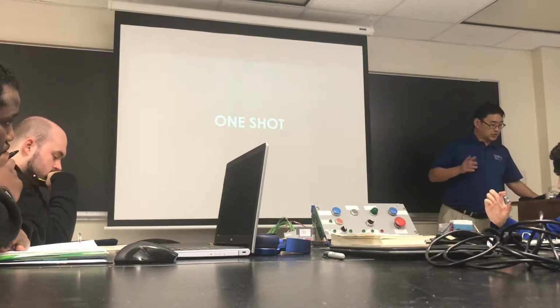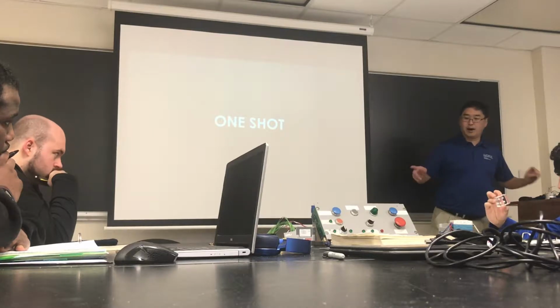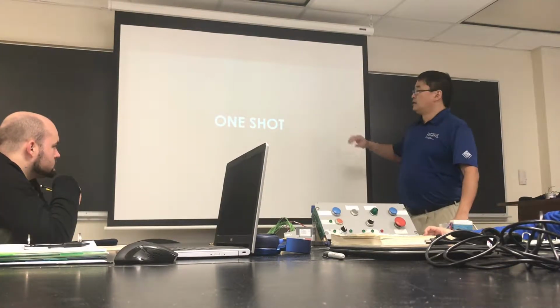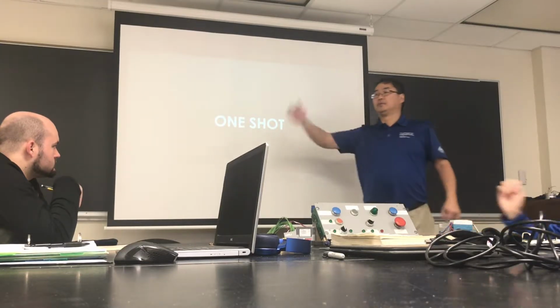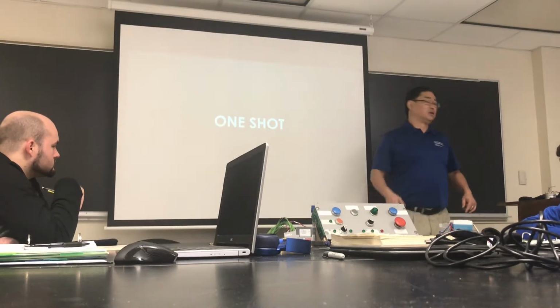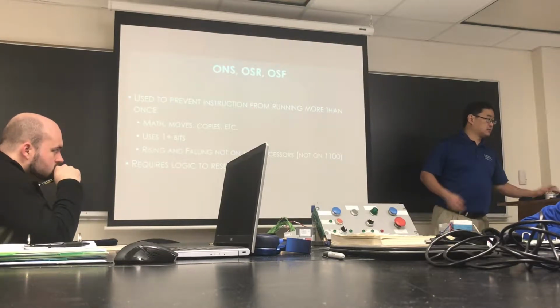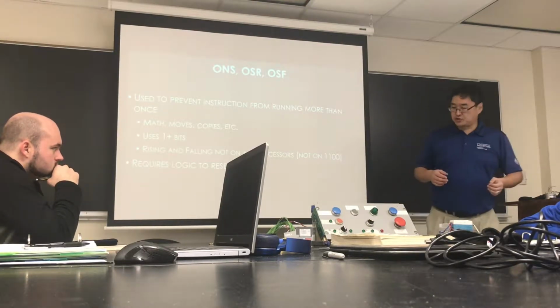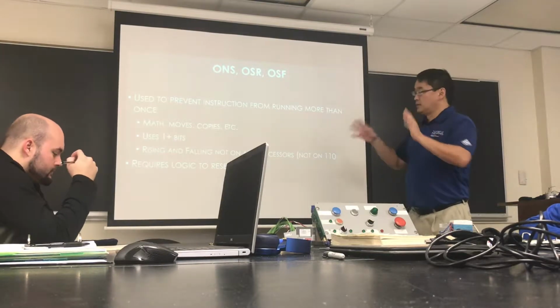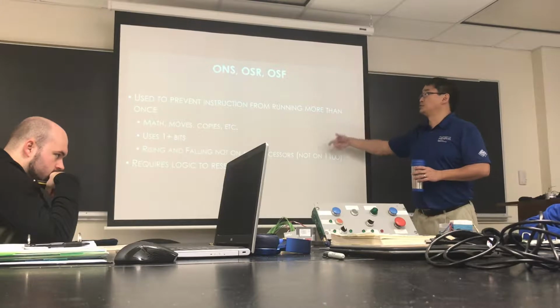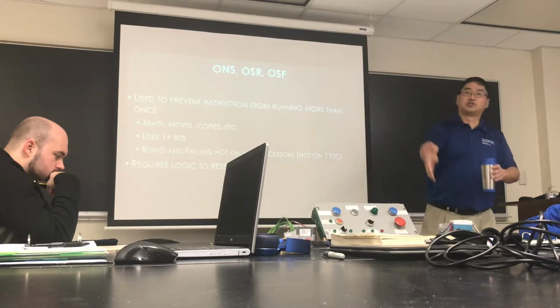There's also the issue of the rung constantly processing over and over and over, which can be solved with something called a one-shot. This is an instruction that allows the PLC to prevent the instruction from continuously running more than once, hence one shot, once.